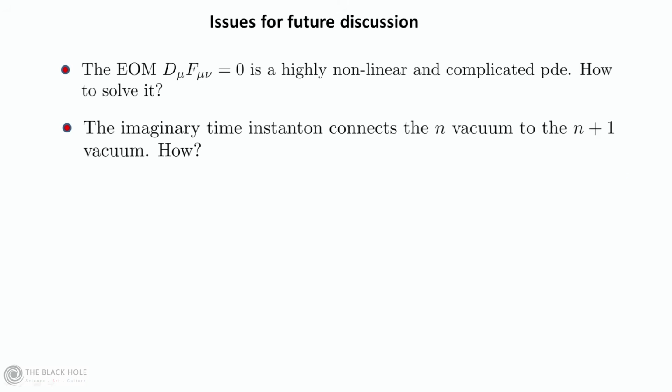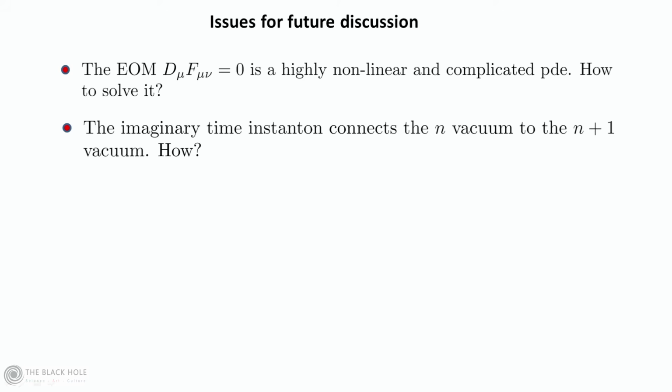These imaginary time instantons, so we saw that you can choose n to be anything. But what is the instanton? It's a solution of the classical equations of motion that connects one vacuum to another. When we did the particle mechanics case, we saw that it connected the vacuum at minus A to the vacuum at plus A. So you had A times hyperbolic tan of tau.